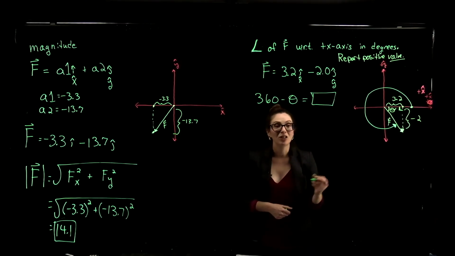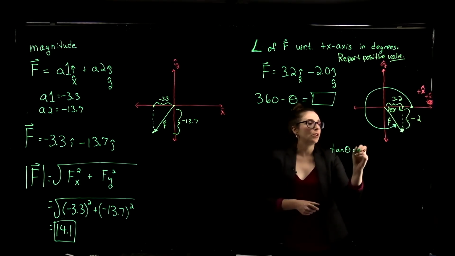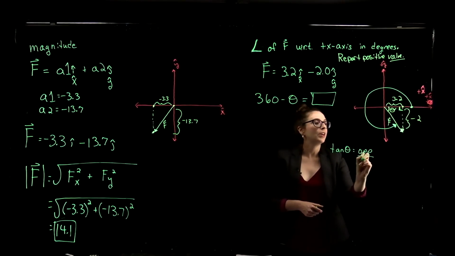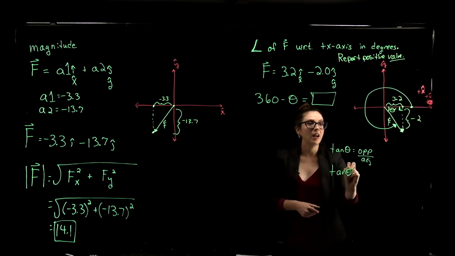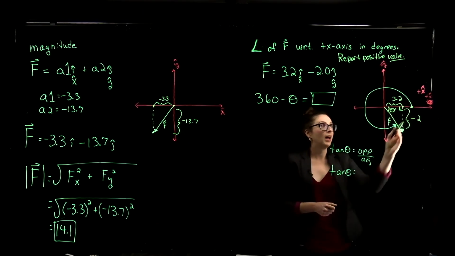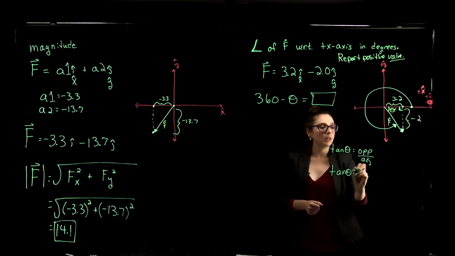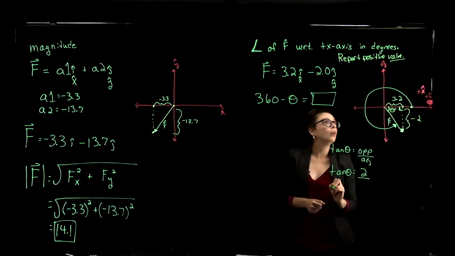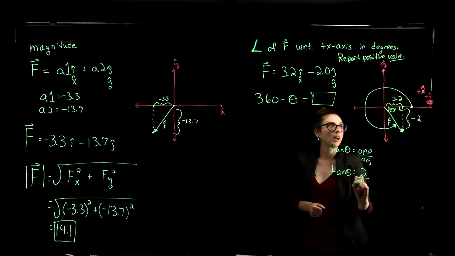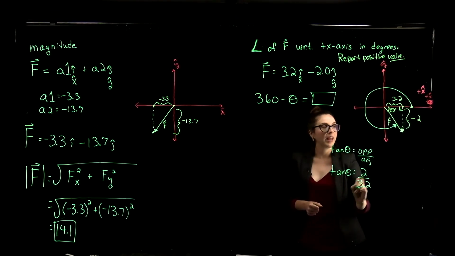So we can use tangent theta. Tangent theta is equal to opposite over adjacent. So tangent of theta is going to equal, and here I'm going to use the positive value of my opposite side, 2 over the adjacent side, 3.2. So this is the adjacent side to my angle.